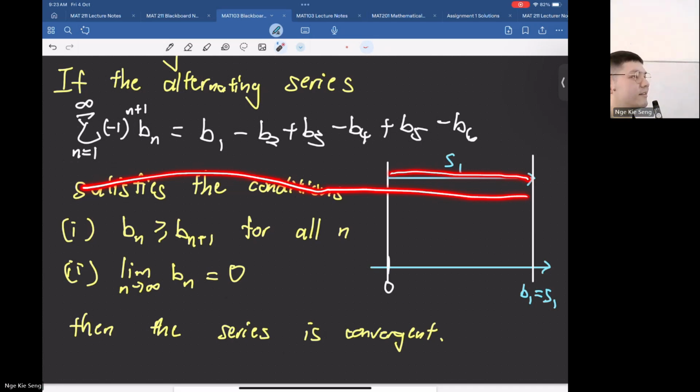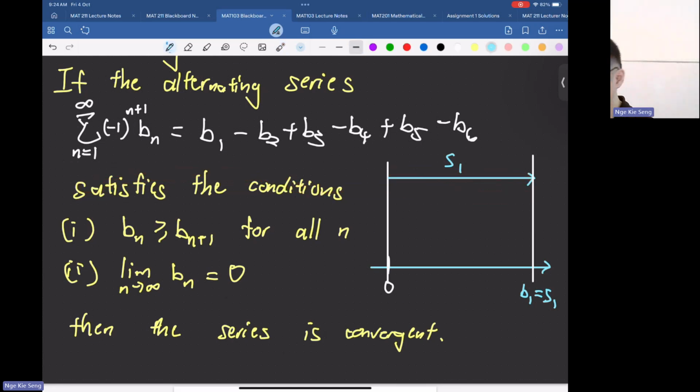It is smaller or equal, sorry, at most as far as B1. At most B1. So I think I put B1 here, better. So maybe we draw some schematic representation like this. So here is S2.